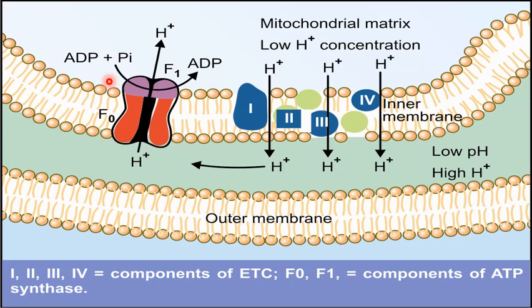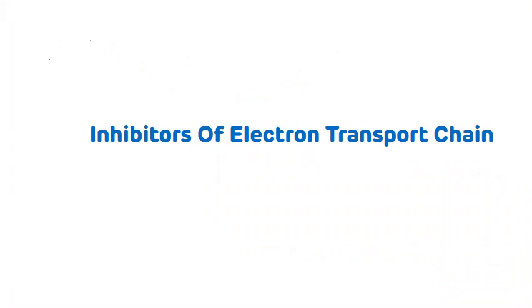As I have already explained, the binding site is available on the alpha polypeptide chain for ATP and ADP, while the beta polypeptide chain is concerned with the catalytic sites. So the binding change mechanism occurs in the F1 unit, and that leads to the synthesis of ATP. Let's see the inhibitors of the electron transport chain.